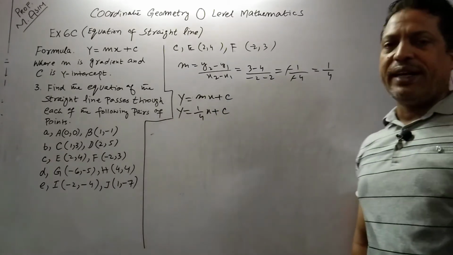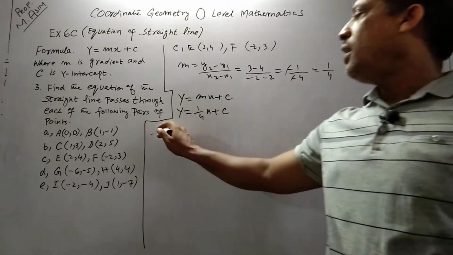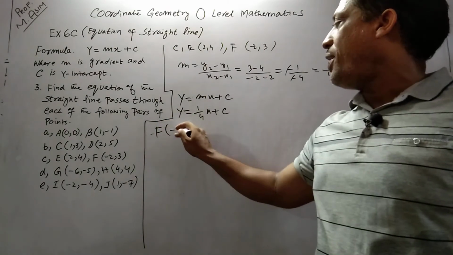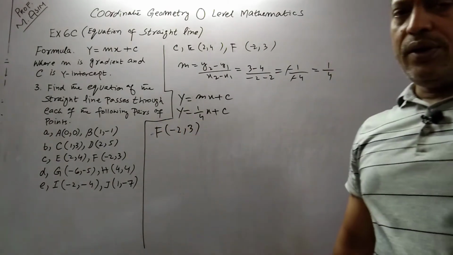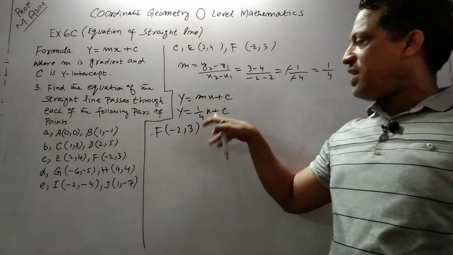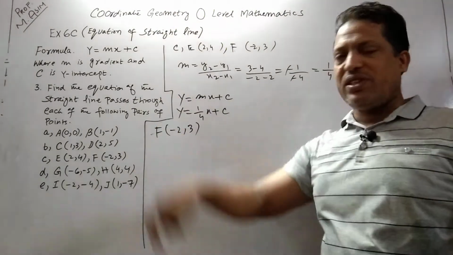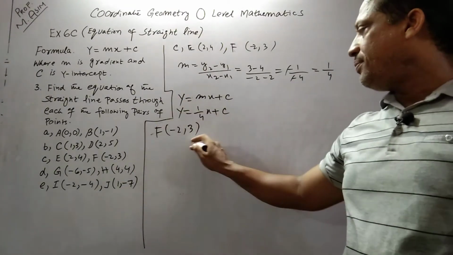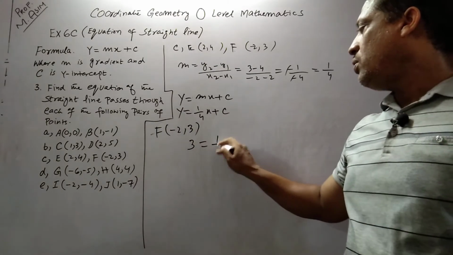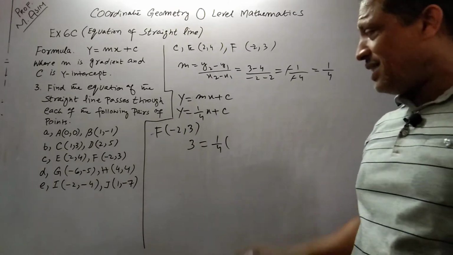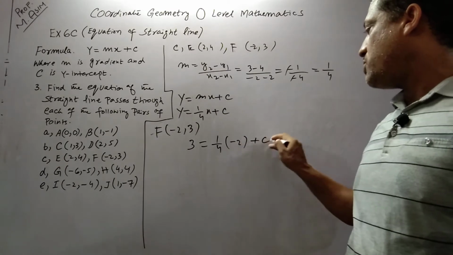Now next step is to find the value of c. Take any point. I am taking point F. We have to put minus 2 where we see x, and 3 where we see y. So 3 is equal to 1 upon 4 times minus 2 plus c.